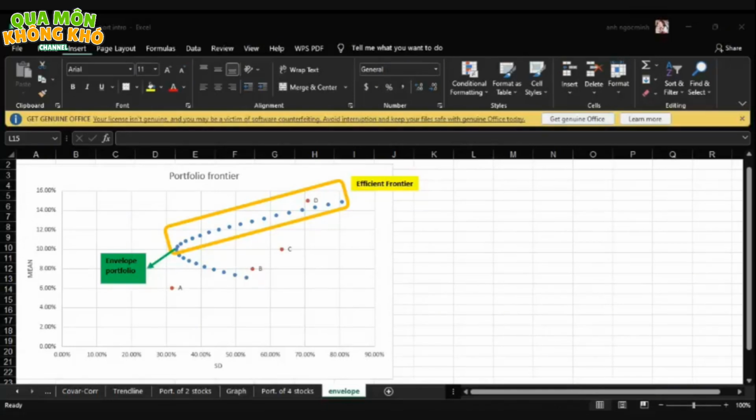Okay, but I want to ask you a question in this situation. The blue dotted line is the envelope. If I put all my money into stock A, which means I have a 100% proportion in stock A and stocks B, C, D are 0%, why is my portfolio not on the envelope?